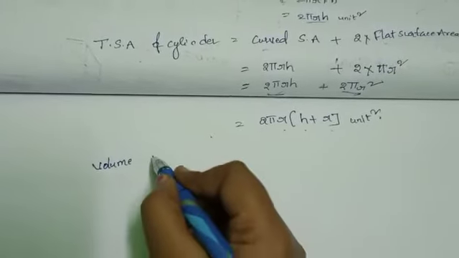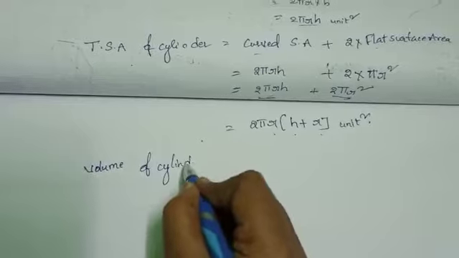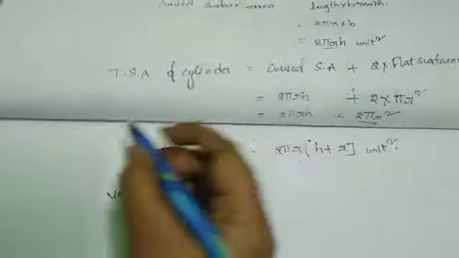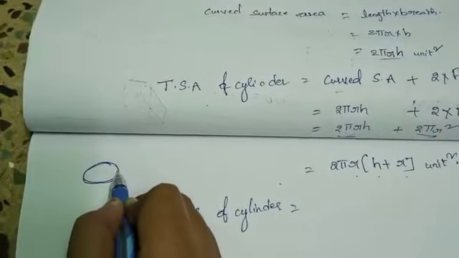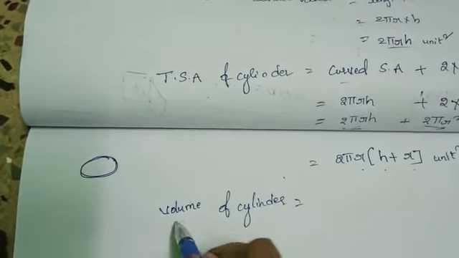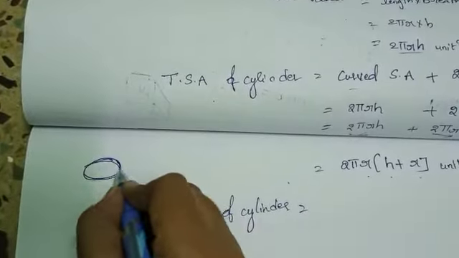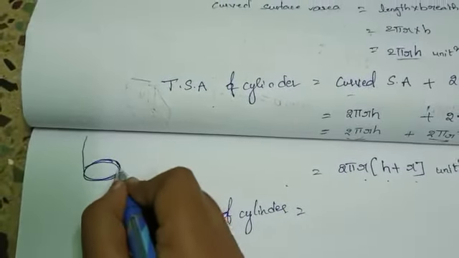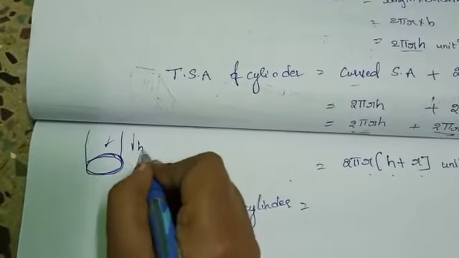What is the volume of cylinder? Volume of cylinder equal to base area into height. What is volume? How much amount of space available in it? This is the base, this is the height of the cylinder.